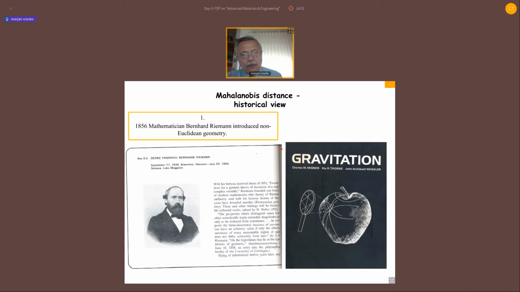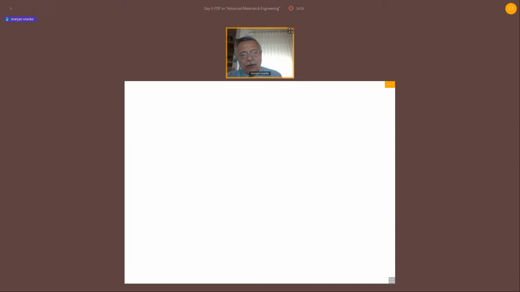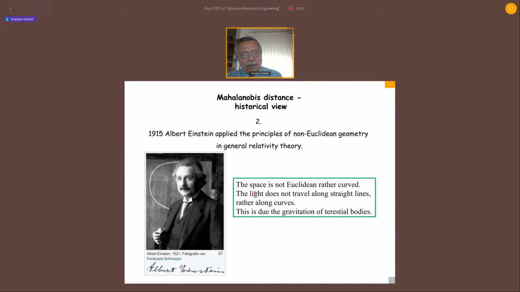On the basis of this non-Euclidean geometry, in 1915, Albert Einstein postulated general relativity theory.